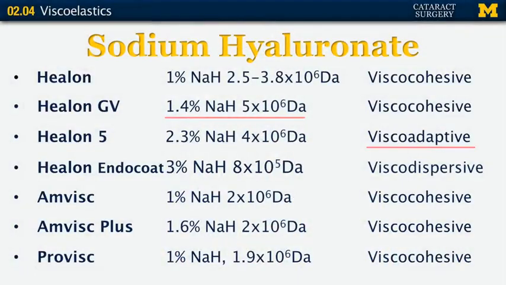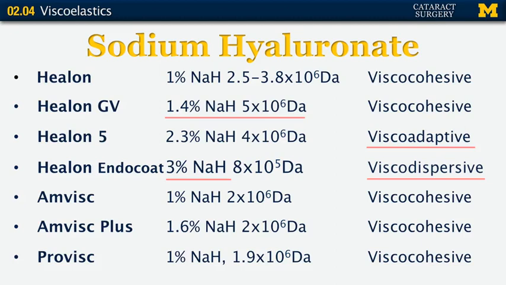So that was the first adaptive viscoelastic. Healon EndoCoat is actually a newer viscoelastic, and it's advertised as being a visco-dispersive, which is interesting because sodium hyaluronate is used in its formulation. And like I said, usually the visco-dispersive substances are created with chondroitin sulfate.